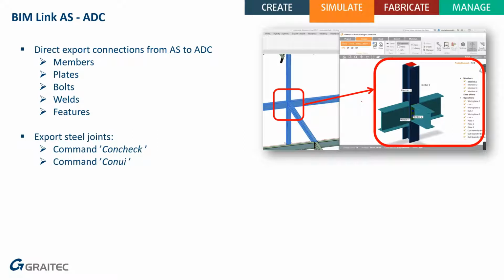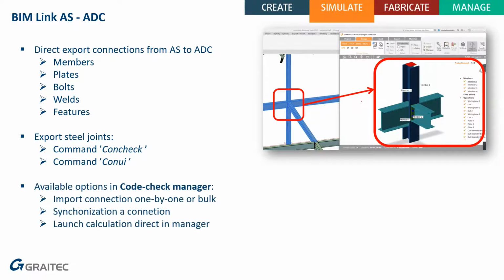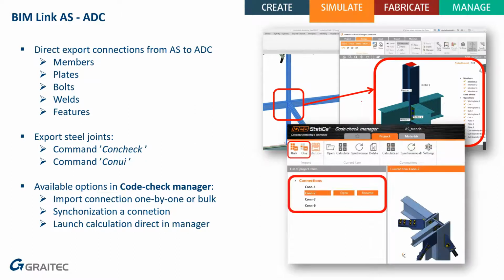To start the BIM link, we can use one of two commands, concheck or conui. The second one starts the Code Check Manager, where we can import connections one by one or in bulk.